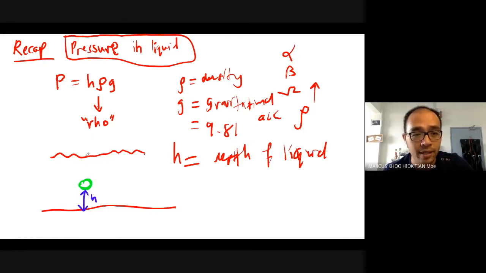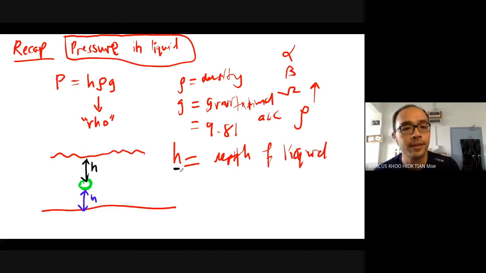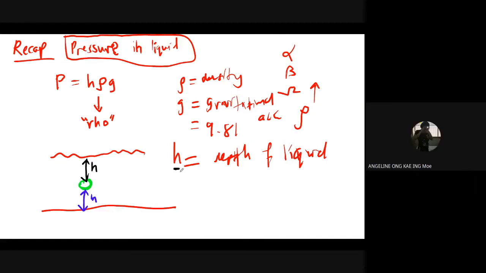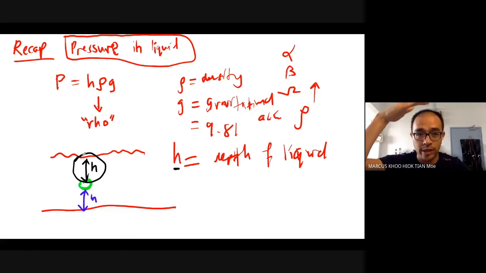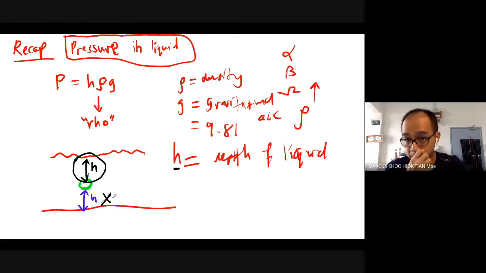Black lah. Angeline, tell me, which one is the one that we use to measure the value of H? Black or blue? Black. Okay, very good. So H is always measured from the surface of the water, not from the bottom lah. Okay, this is very important.